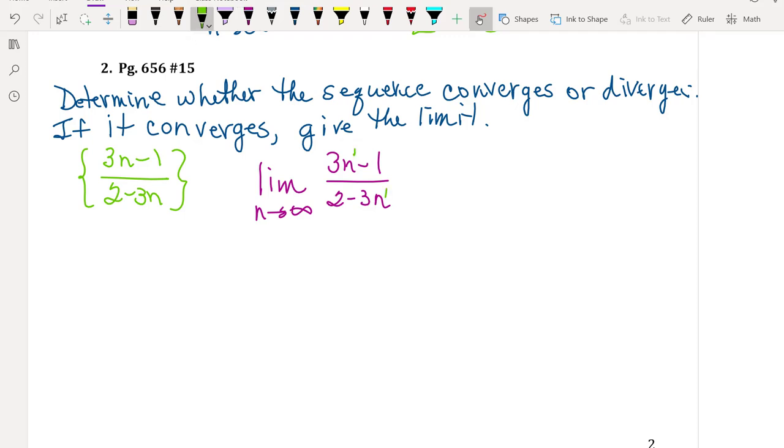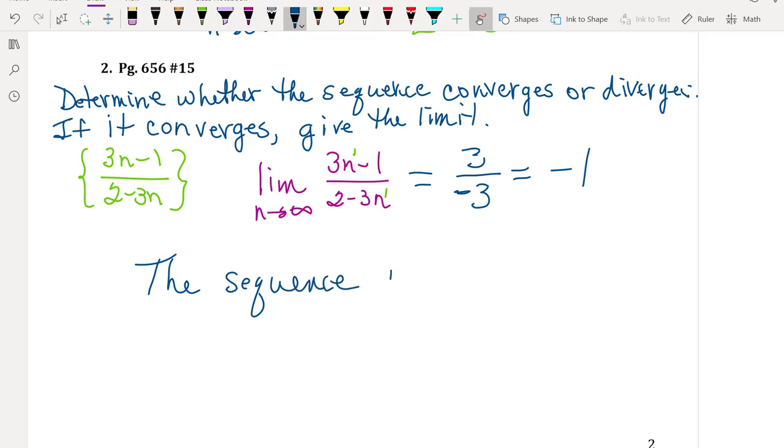So we can take the ratio of their leading coefficients. So we're going to have a 3 over a negative 3. So we get negative 1. So the sequence converges to negative 1.